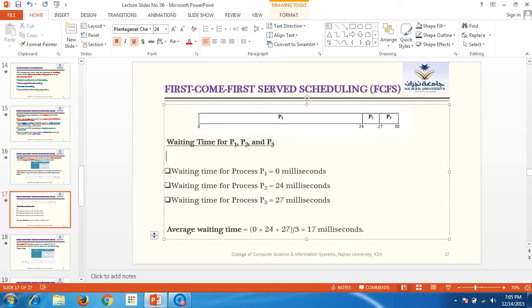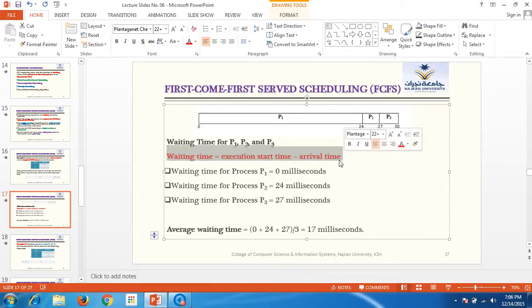The formula for waiting time is: waiting time is equal to execution start time minus arrival time.